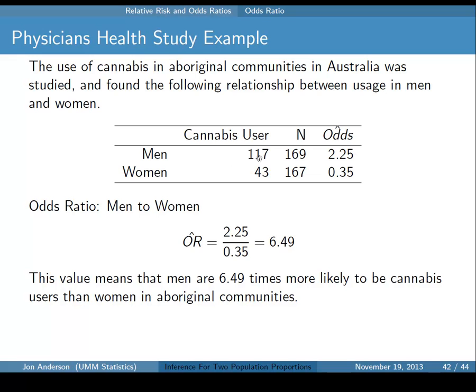The p-hat is 117 over 169 for the first group. For women, it would be 43 cannabis users divided by 167 total women, and that makes an odds of 0.35. When you divide the male odds by the female odds, you get 6.49, and that means that males are about 6.5 times more likely to be a cannabis user than women are in Aboriginal communities in Australia.